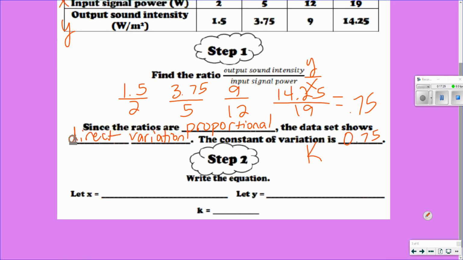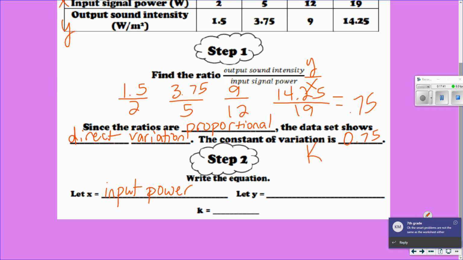Okay, so we're going to write our equation. Let X equal the input power. Y is the sound intensity.